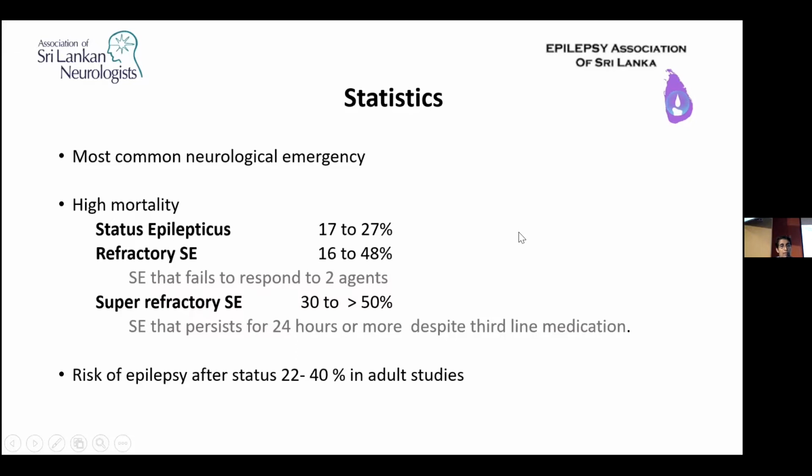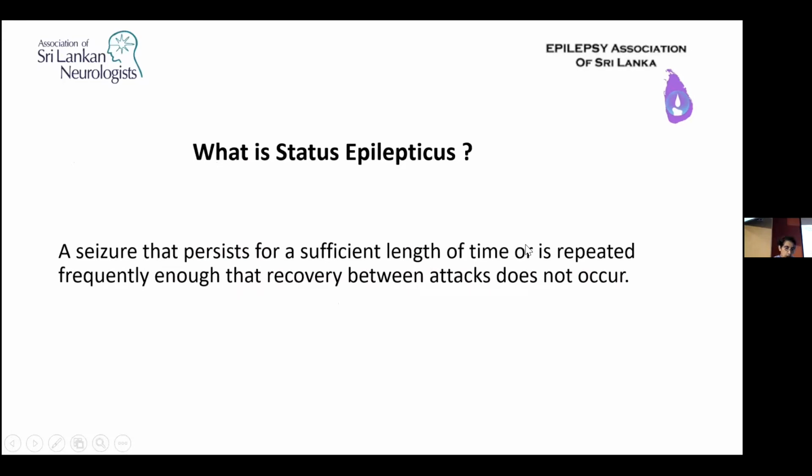Look at the last bullet, the risk of epilepsy after status going up to 40% in some adult studies, mortality and morbidity both. So it's very much worthwhile learning exactly what is the best thing to do in a situation of status epilepticus.